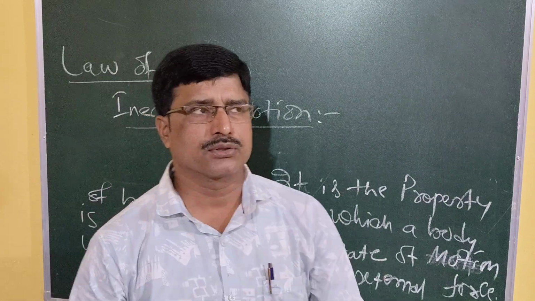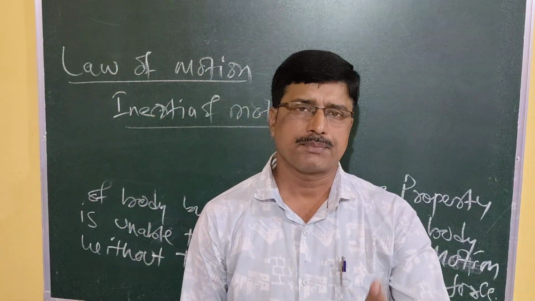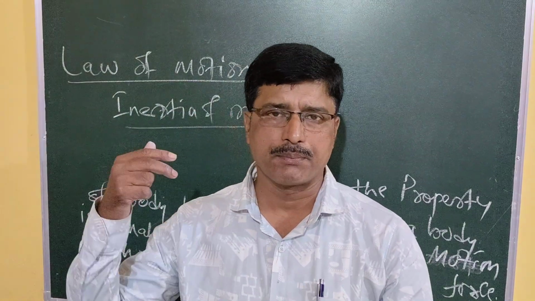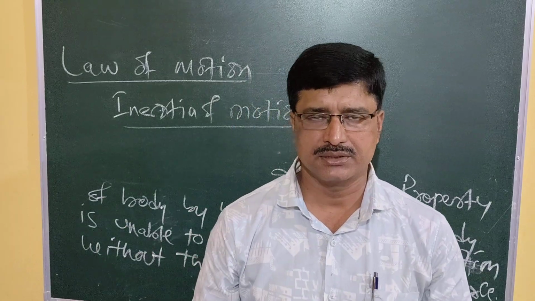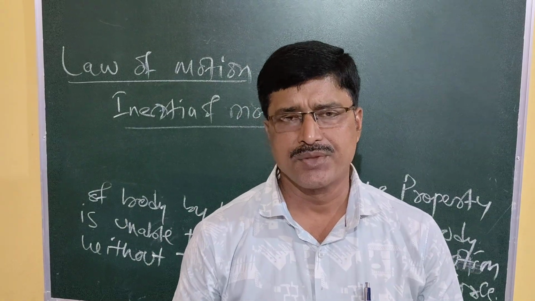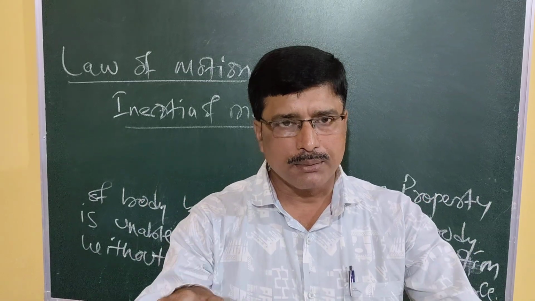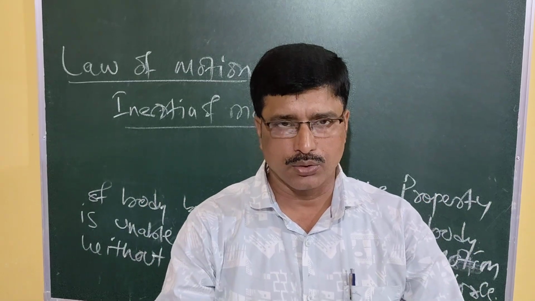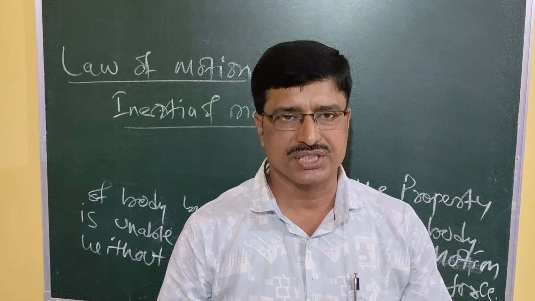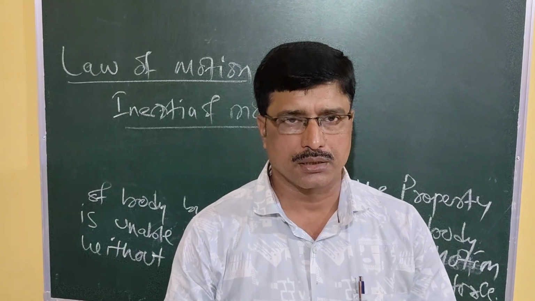Let us think about some examples. A passenger sitting in a bus gets a forward jerk. How does it happen? When the bus stops suddenly, the lower part, the foot which is on the bus, stops suddenly.